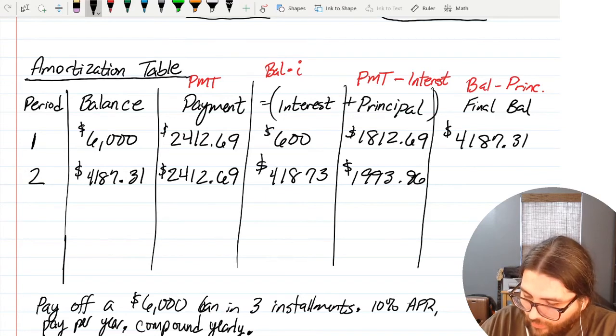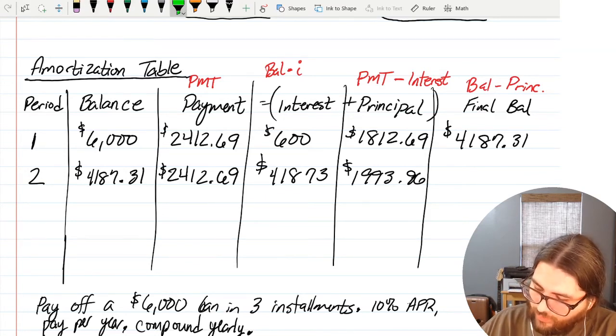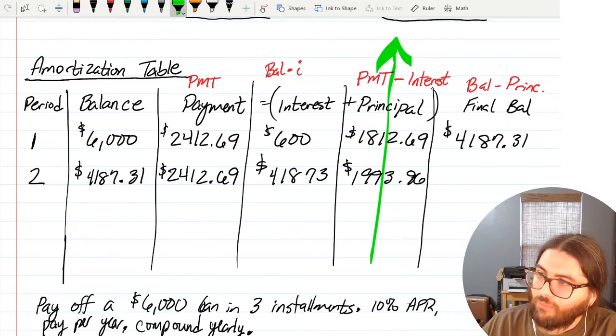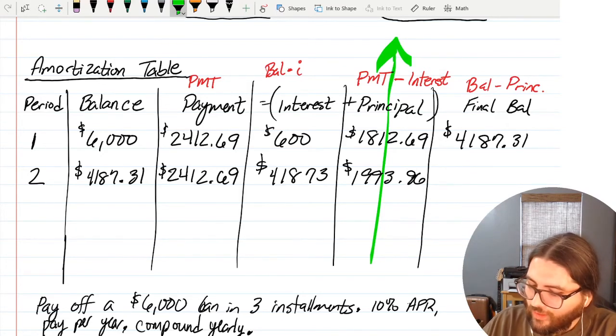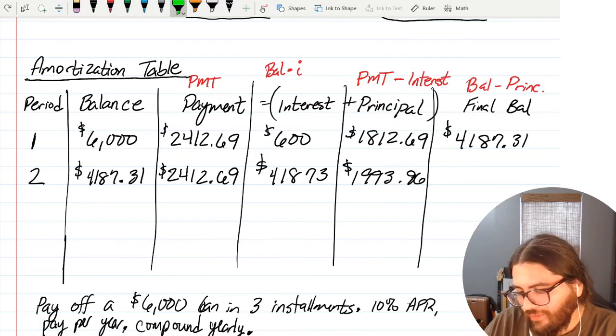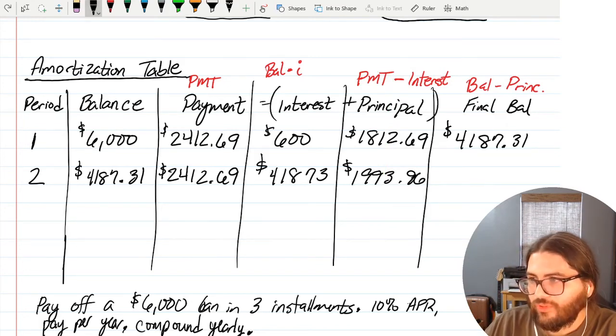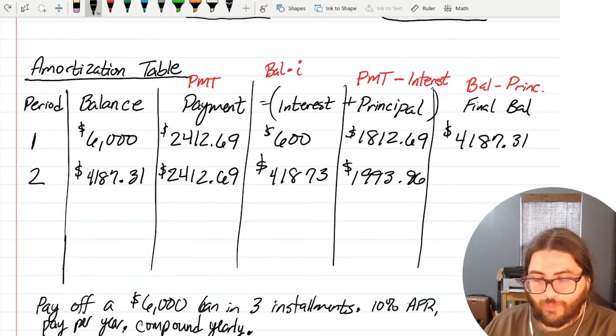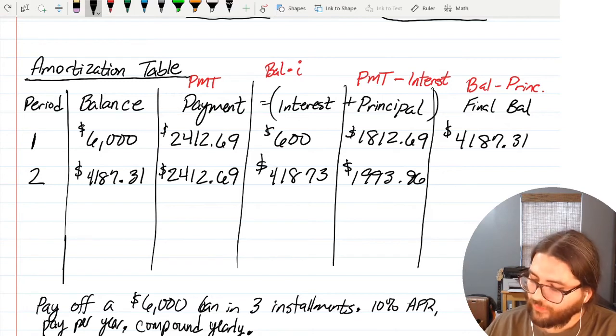Okay. Here's something else to notice, right? Because the interest amount is going down, my principal amount is going up. And again, I should expect that because the payment hasn't changed, but the interest is going down. So over time, I'm actually paying more towards the balance.